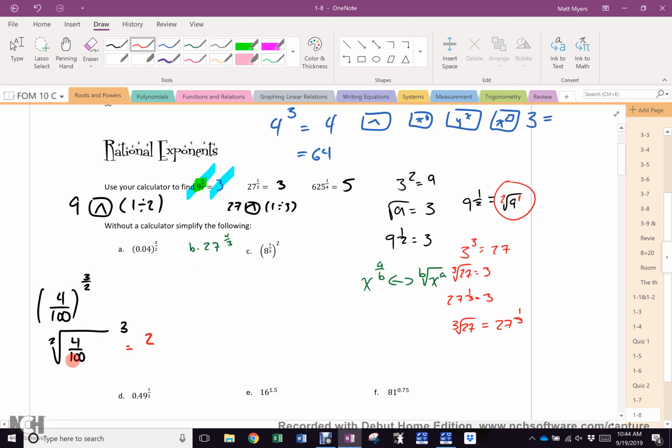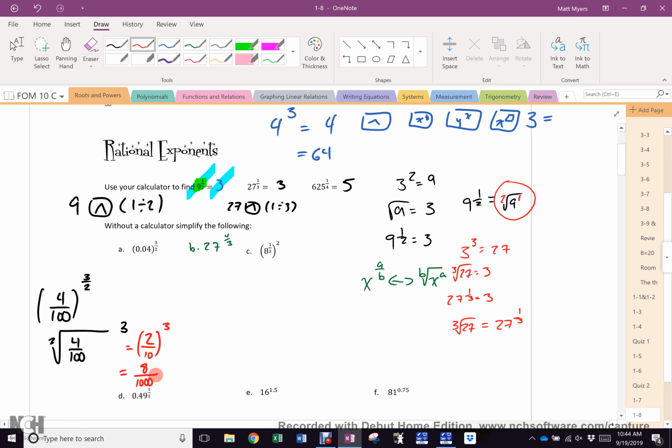What's the square root of 100? 10. And all of that is to what power? 3. What is 2 cubed? 8 over. What is 10 cubed? 1,000. And now I am done.